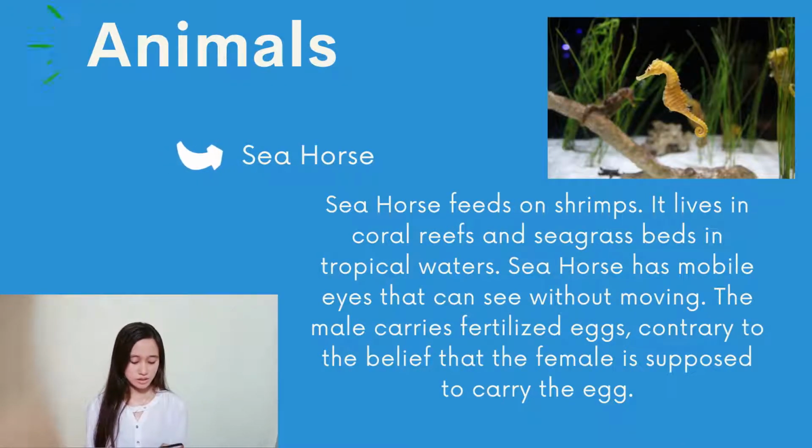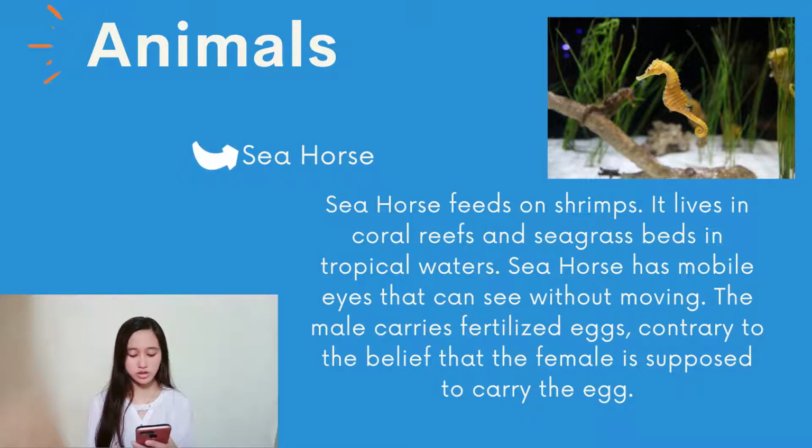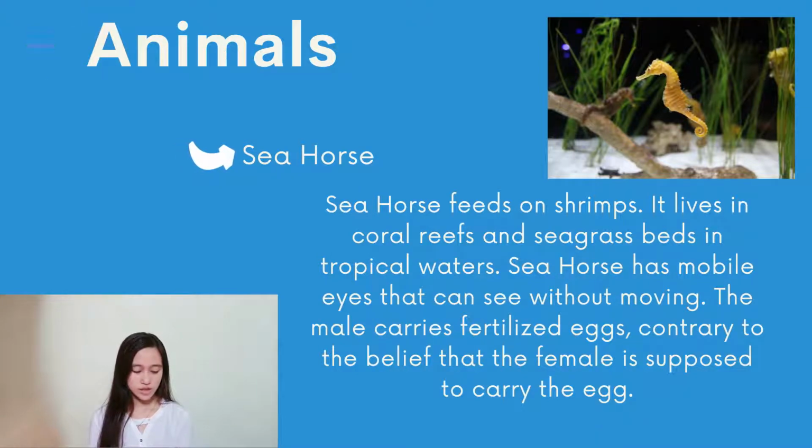Next one is the seahorse. Seahorse feeds on shrimps. It lives in coral reefs and seagrass beds in tropical waters. Seahorse has mobile eyes that can see without moving. The male carries fertilized eggs, contrary to the belief that the female is supposed to carry the eggs.